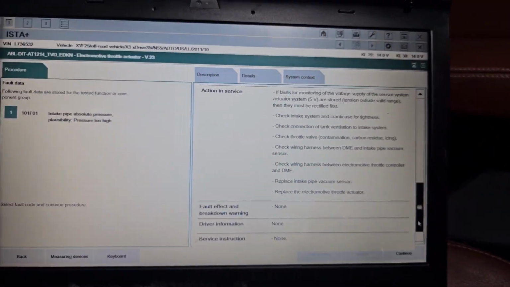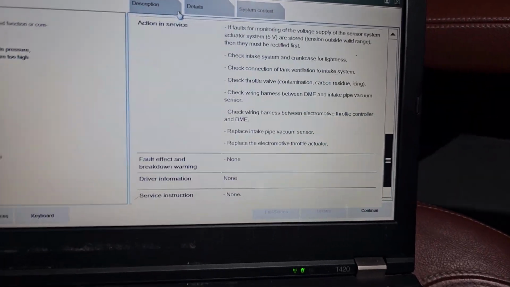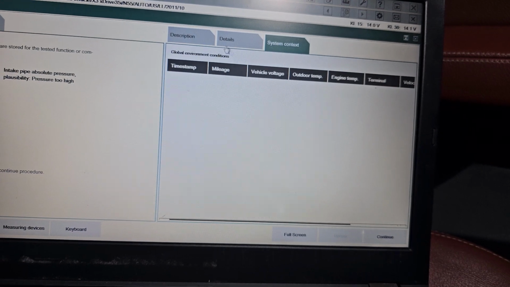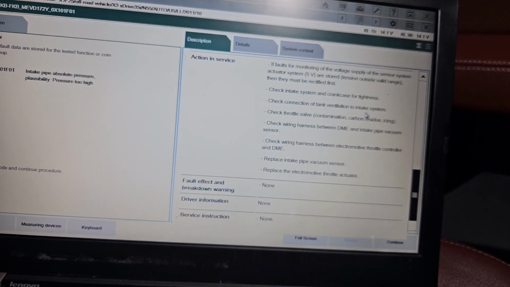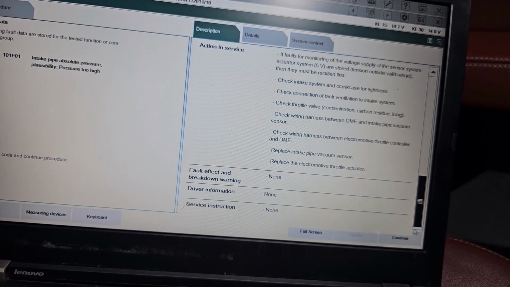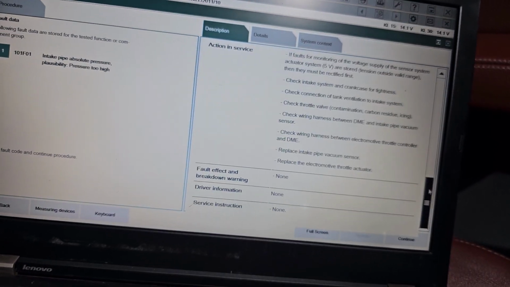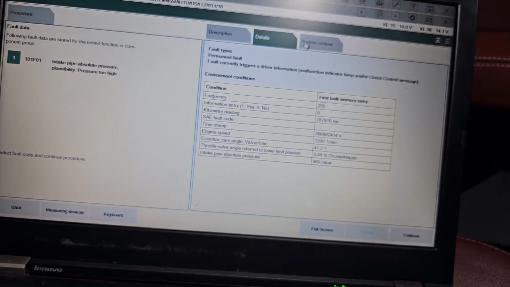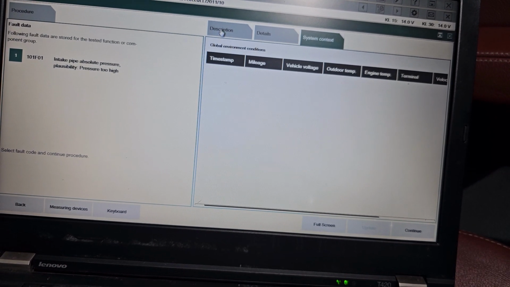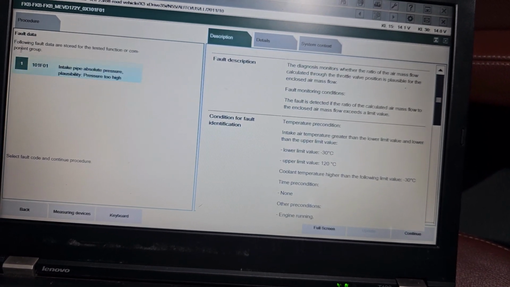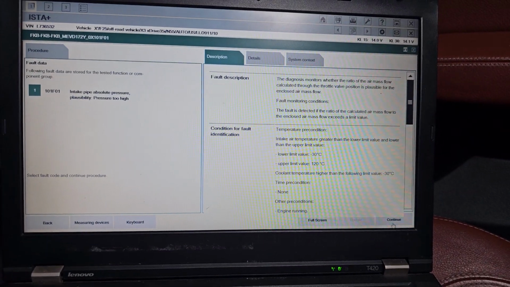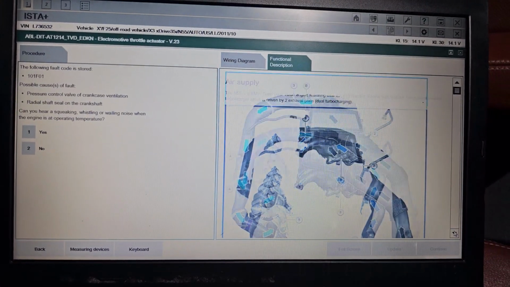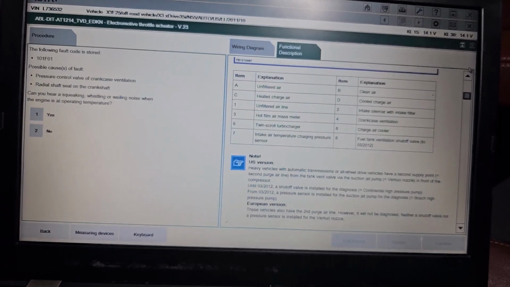Wow. Okay, let me go to detail. This is the detail, system context, description. Okay, let me continue. Here is what we are looking for. This is the pipe, the whole system.